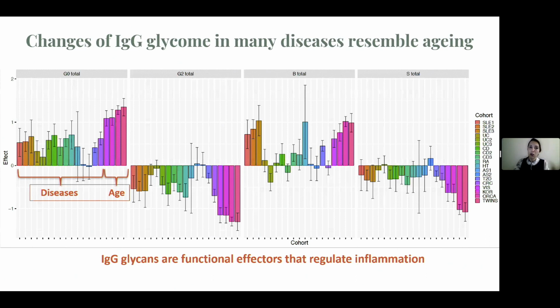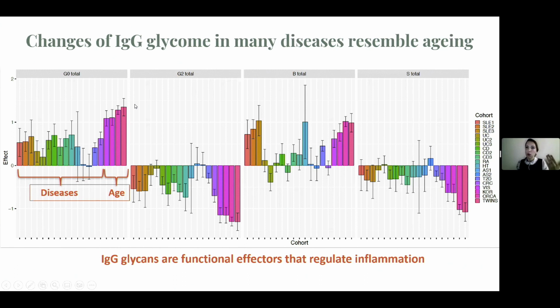And when we look at the changes of IgG glycans, this is true for many, many diseases. On this figure, I'm showing you some of the data, some of the cohorts that we've analyzed for systemic lupus, for ulcerative colitis, for Crohn's disease, rheumatoid arthritis, type 2 diabetes, colorectal cancer, and compare them with age, we can see that there is a general trend that is basically repeated both between these often age-related diseases and a simple aging.